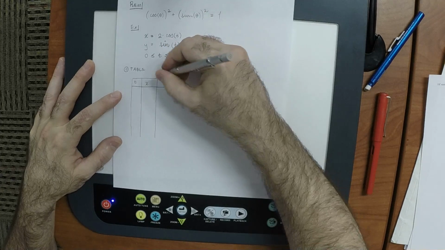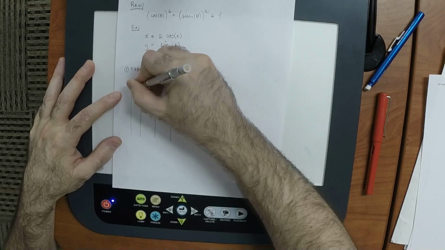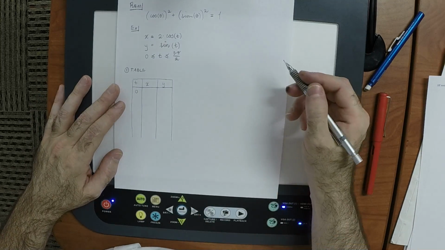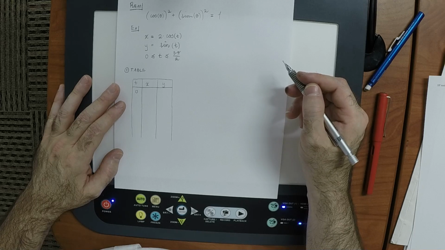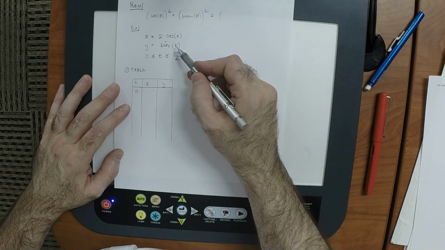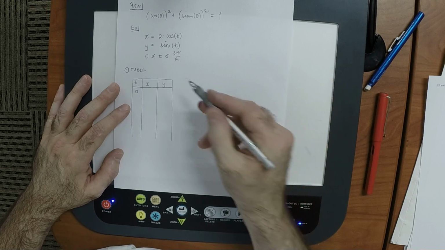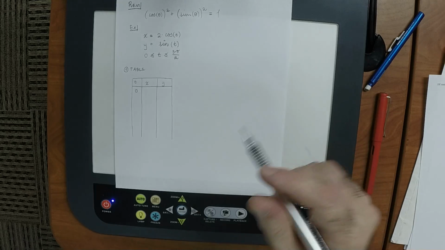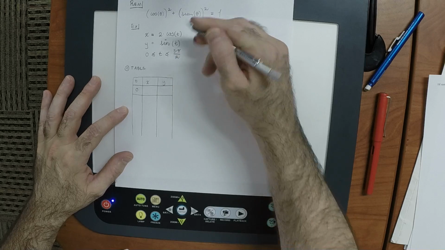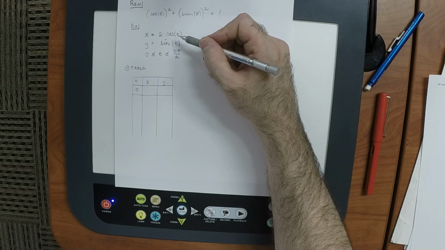So we need to go from 0 to 3 pi over 2 for the t values. So 0 would be a good place to start. What would be another t value that might be reasonable? 1? Well, we're going to be plugging those into sine and cosine. So let's do stuff like pi over 4 maybe. Just to make my life as easy as possible, remember that for pi over 4, they're both square root of 2 over 2, right?